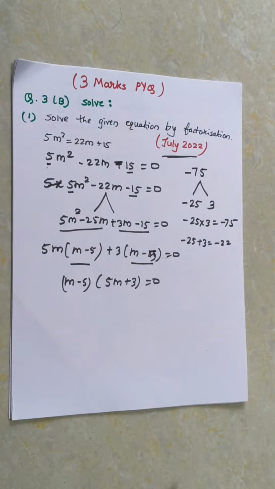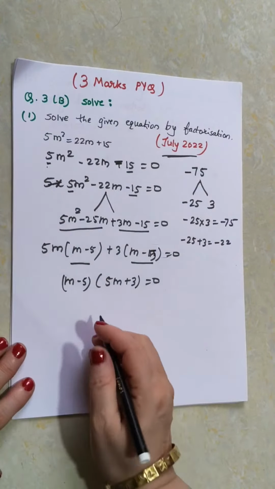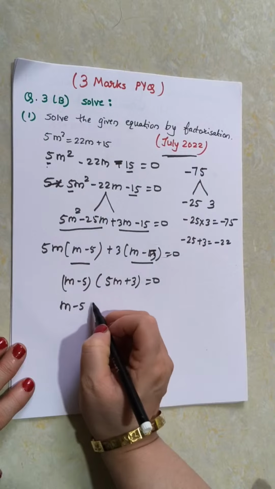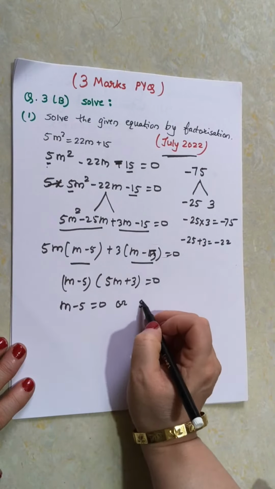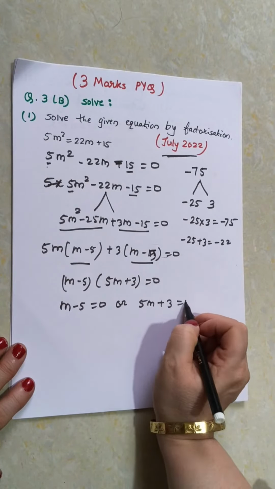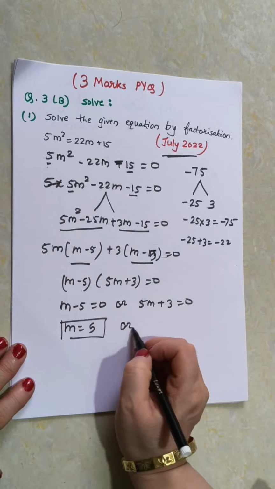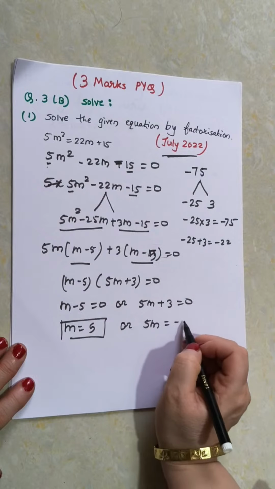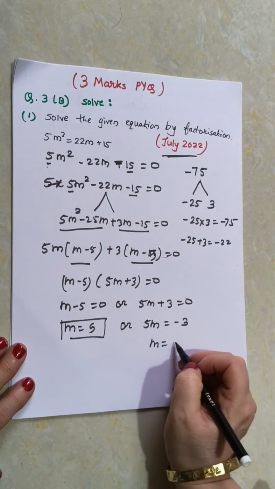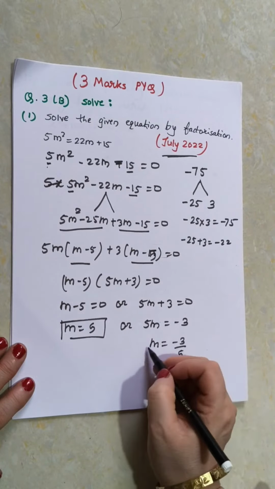So m minus 5, yes Pranjal, you are correct. M minus 5 is equals to 0 or 5m plus 3 is equals to 0. So m is equals to 5 or 5m is equals to negative 3, m is equals to negative 3 upon 5.